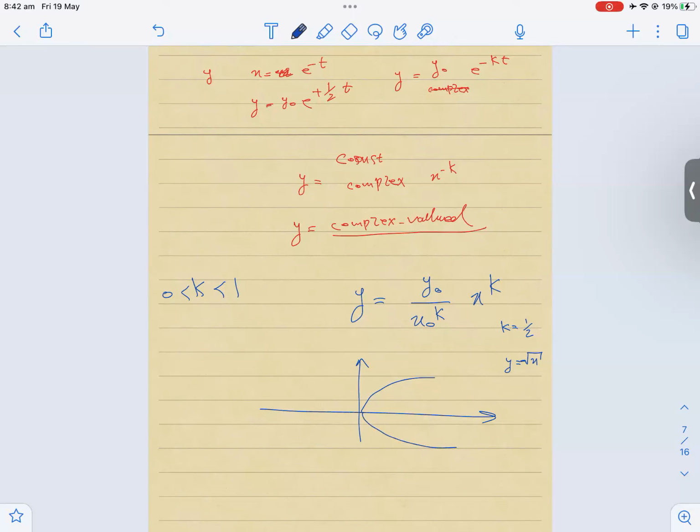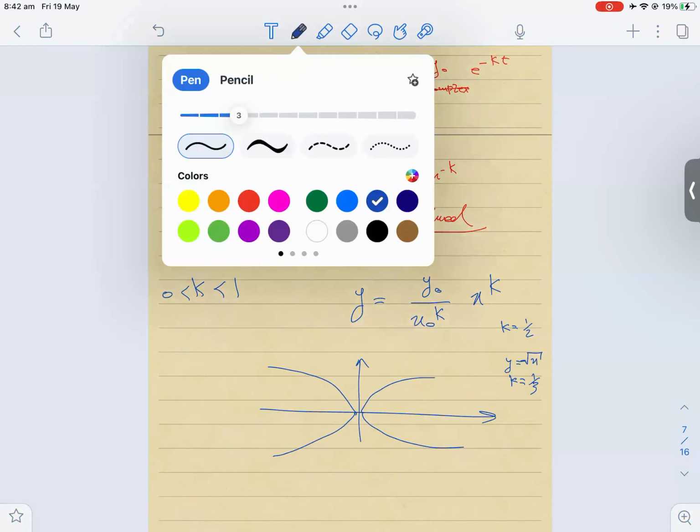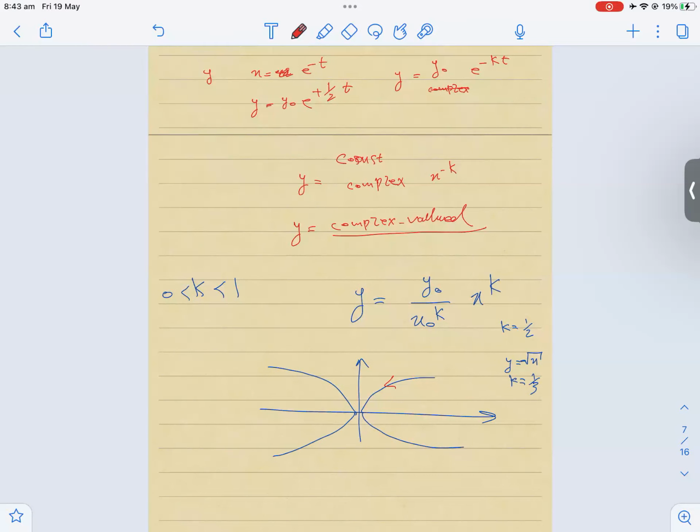The constant can be negative, and x can be negative because k can be like this. But for the same reason, the rays will go to the origin.